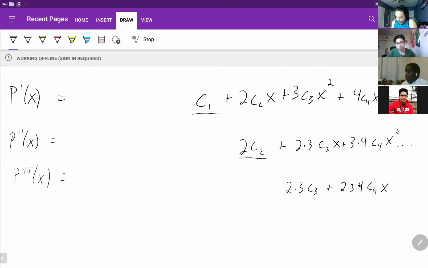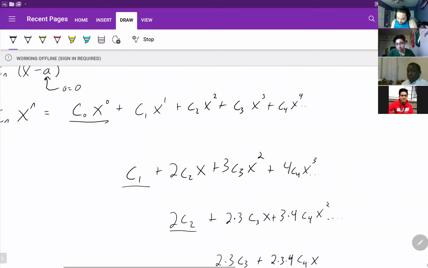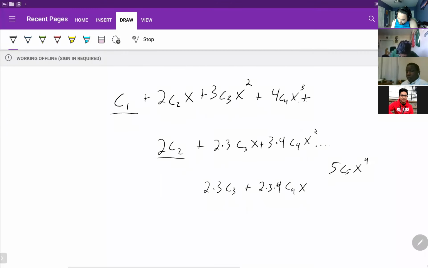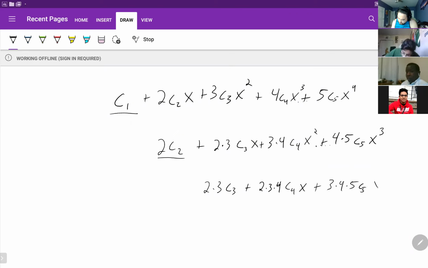I should have gone out to the fifth power, so I'm going to tack it on at the end: plus c5x to the 5th. This one becomes 5c5x to the fourth. This one becomes plus 4 times 5c5x to the third. And this one becomes 3 times 4 times 5c5x squared.